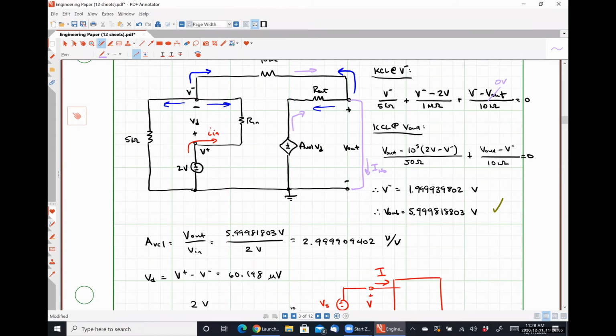So let's see, numerical solver, one equation, one unknown. So I have x over 5,000 plus x minus 2 over 1 million plus x over 10,000.